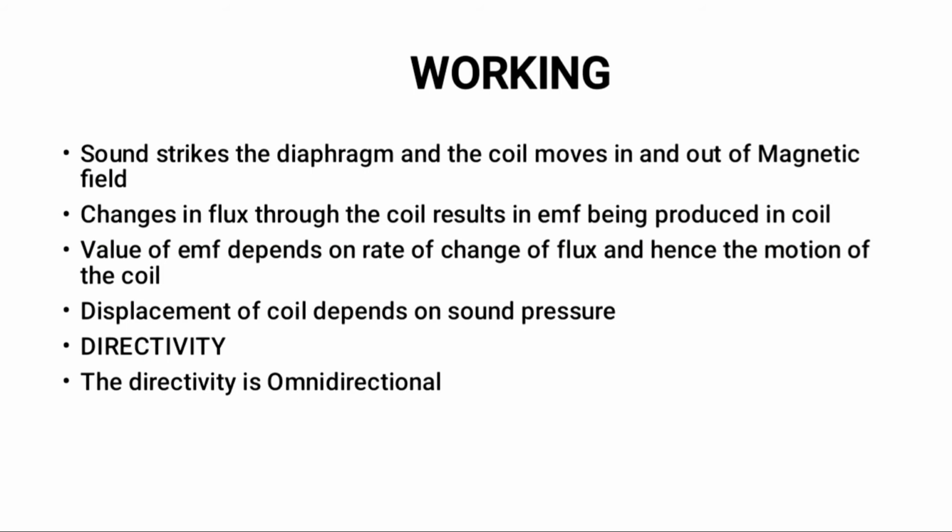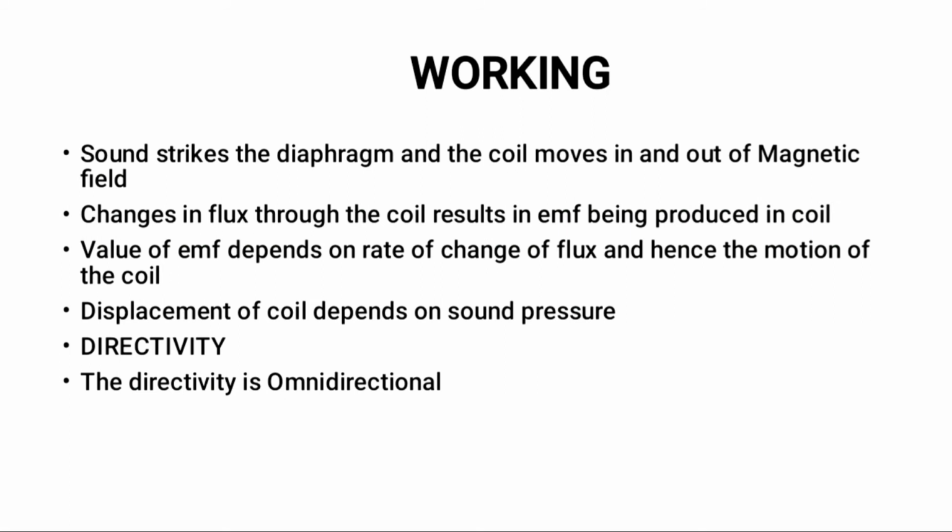The flux density is represented by the letter B and the unit is Tesla or Weber per meter square. L is the length of the coil in meters and V is the velocity of the diaphragm, and the EMF is given by e = B L V.